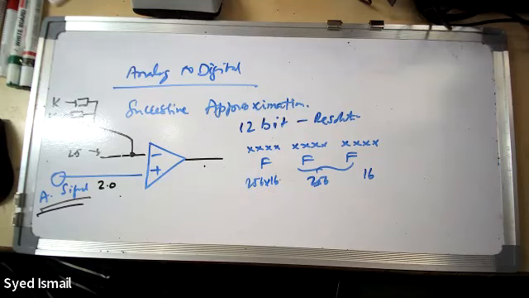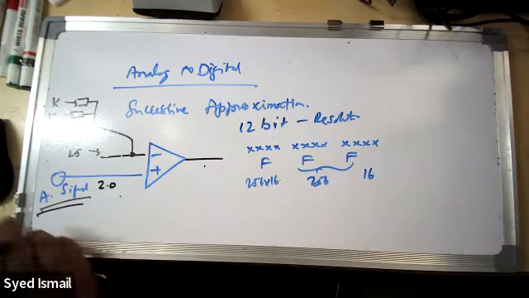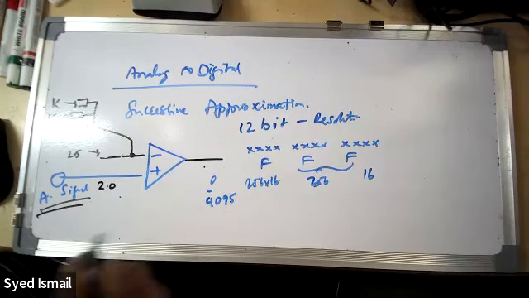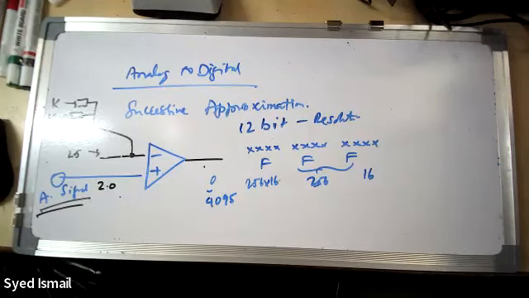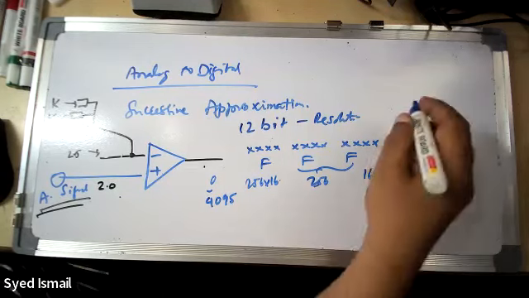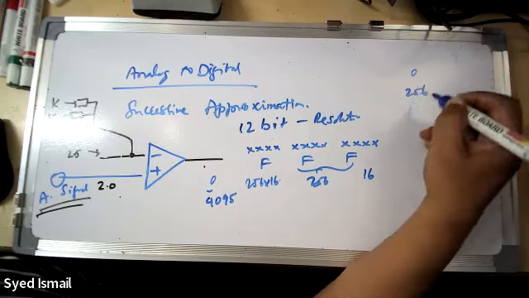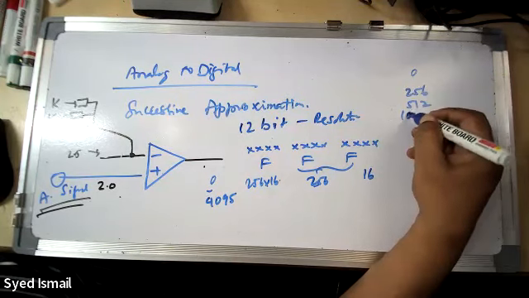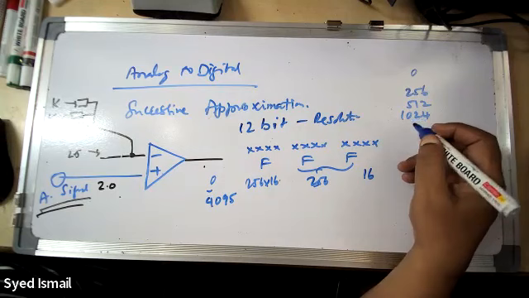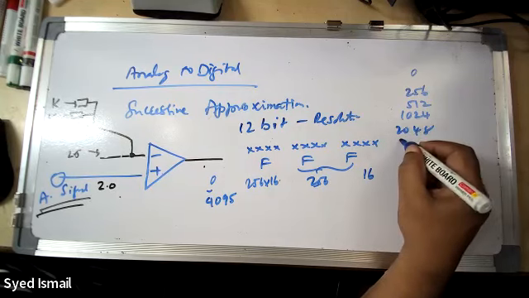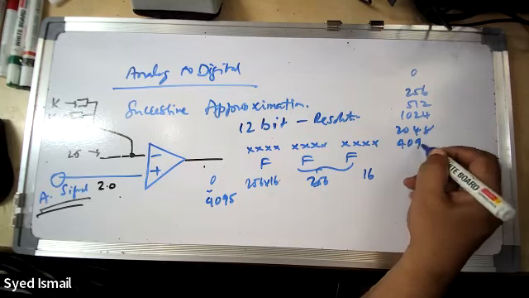So 12 bit, the total maximum number that can be represented is 0 to 4095. Very easy. If you put a tabulation, you will find 8 bit is 256, then 512, 1024, and then 2048, 4096.